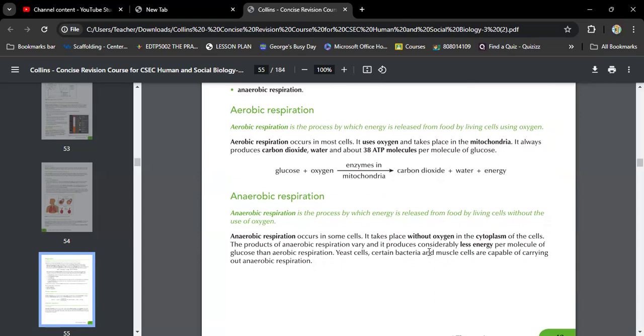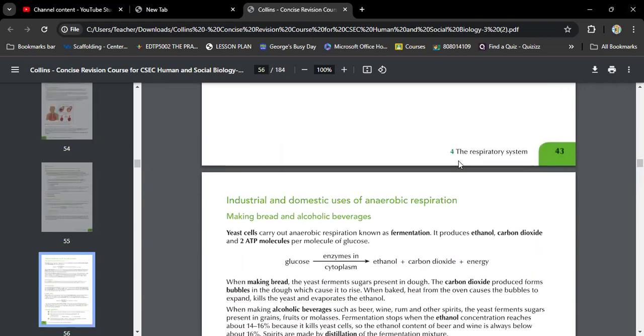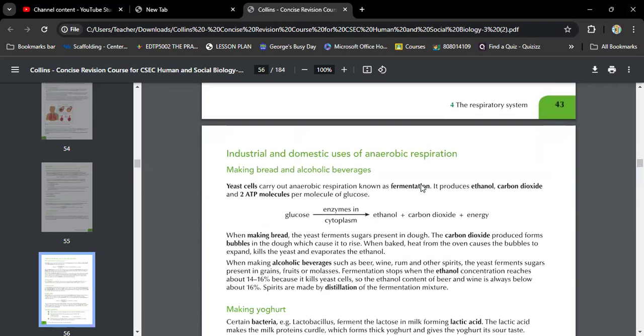Yeast cells, certain bacteria, and muscle cells are capable of carrying out anaerobic respiration, right? So if you ever wondered how bacteria is able to survive, it's because they don't need oxygen in order to survive, right? They're able to carry out their functions, bodily functions, cellular functions, and so on without oxygen being present.